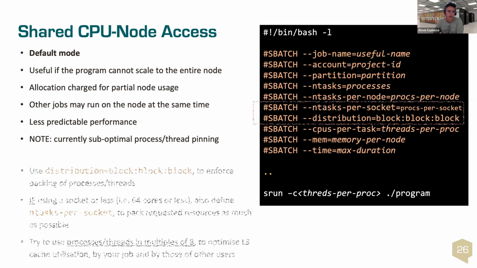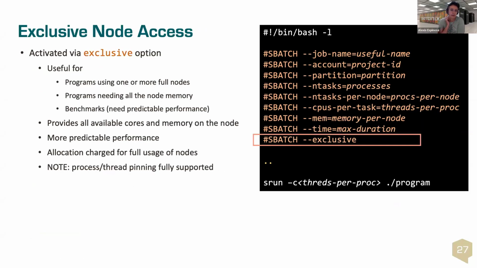Okay, so let me go first for this another example that is dealing with the exclusive option. So besides all those settings, if you add the dash dash exclusive, again, this is telling that you are asking for the whole resources in the node. And you will be charged for the whole resources in the node, even if you don't use them.